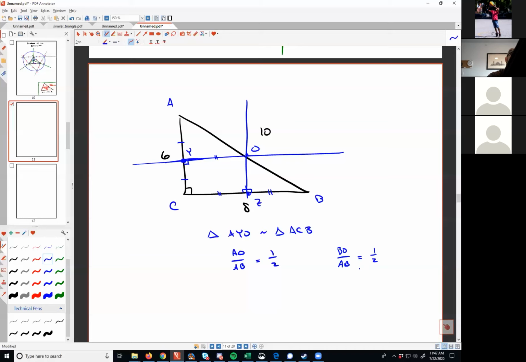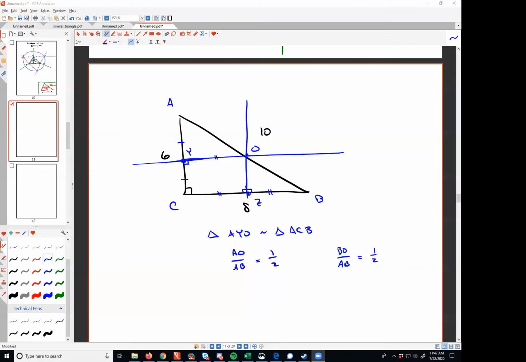Mr. Crawford, could you mark OZ to be the same length as AY? Yeah, we have a rectangle, so YC is equal to OZ.